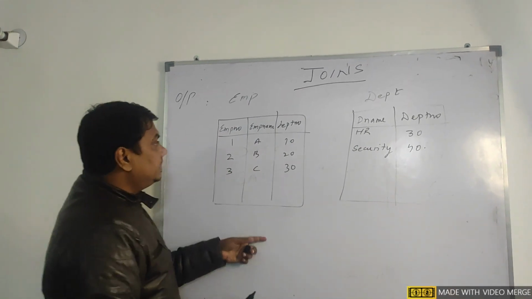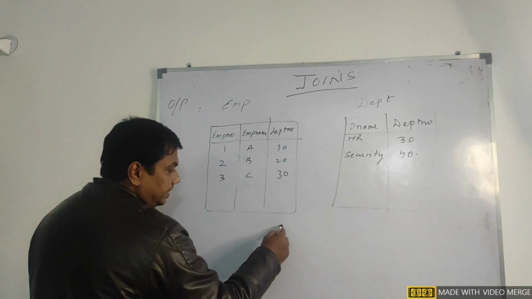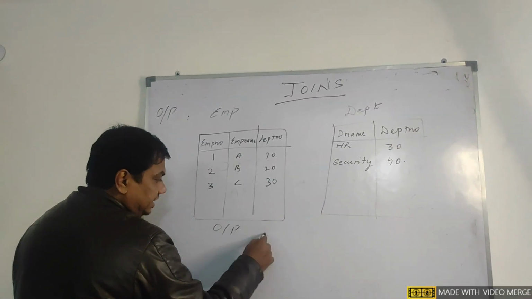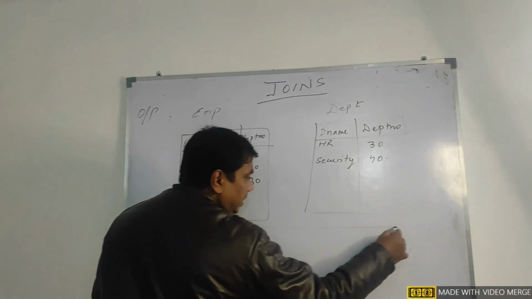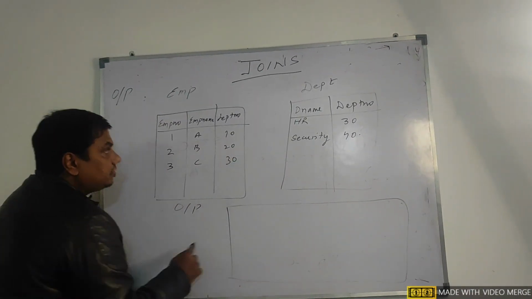So if I wanted the output of the EMP and department tables using Cartesian join, it will have 5 columns.